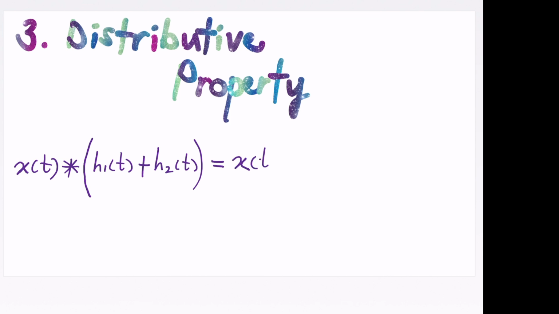Basically, what we can do is that at first we apply convolution to the xt and h1t, and then we apply the second convolution to the xt with h2t, and then we add the outputs of the convolution.